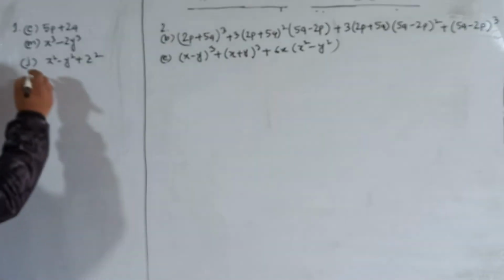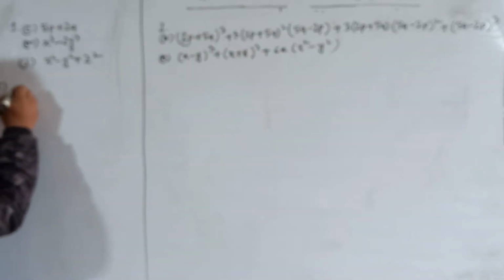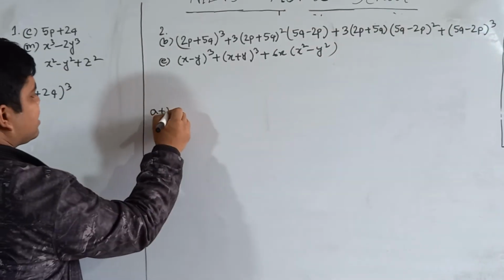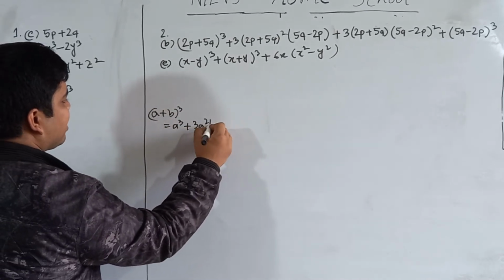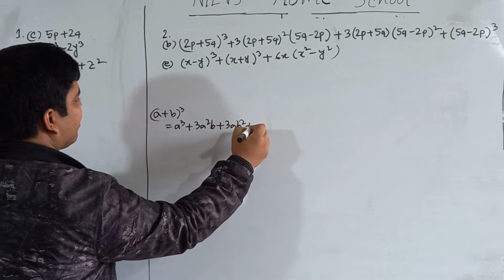Please notice number 1. From 1 we shall solve C, M and J, and from 2 we shall solve B, E. Okay, so first of all we solve C number. So 5p plus 2q whole cube. My dear student, we know a plus b whole cube equals a cube plus 3a square b plus 3ab square plus b cube.